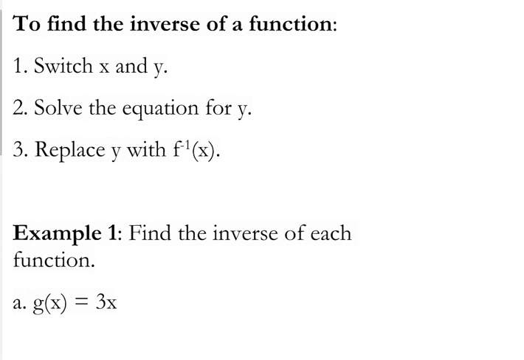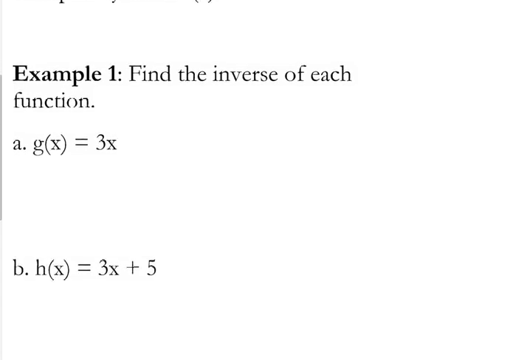Solve the equation for y. And then in the very end, once we get y by itself, we're going to replace it with that inverse notation. So let's start with a very simple function right here. Let's say that our function is g of x is equal to 3x. So g of x is just a fancy way of saying y, right?